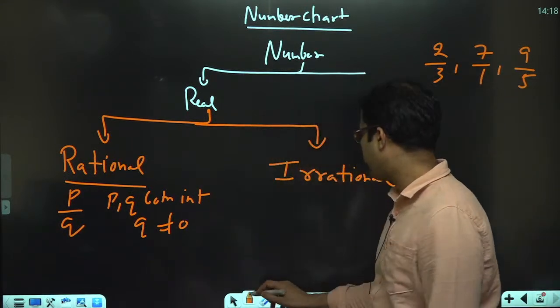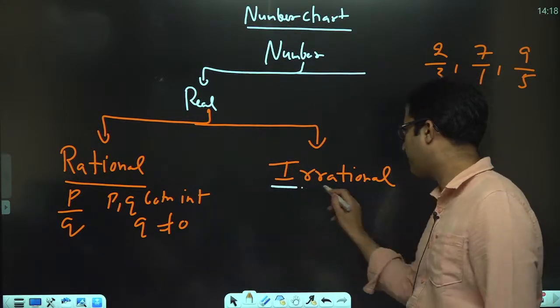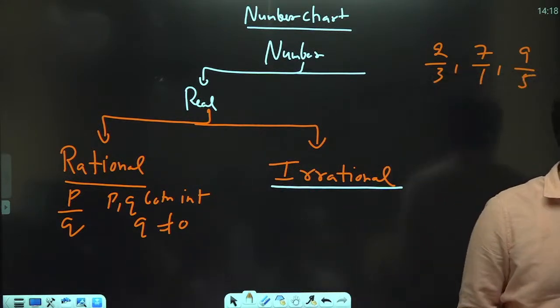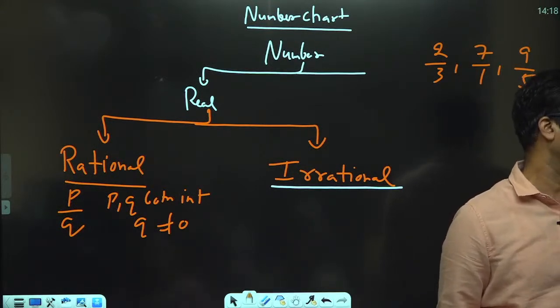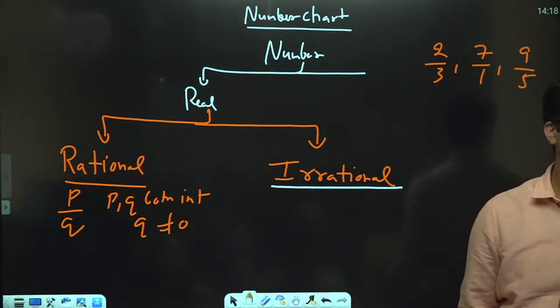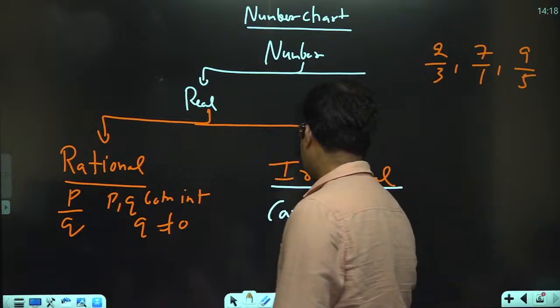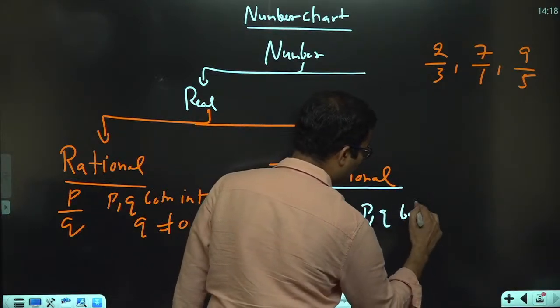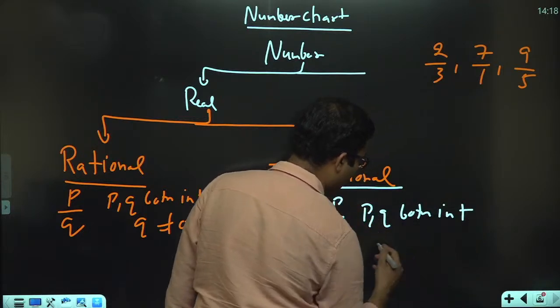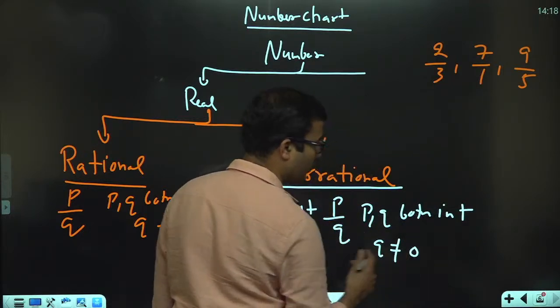Now, what is the definition of an irrational number? Anyone here? Those who know the rational, then tell me what is the definition of an irrational number? Here we cannot express it in the form of P by Q, where P and Q are both integers and Q is not equal to 0.